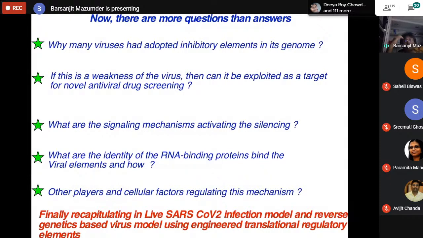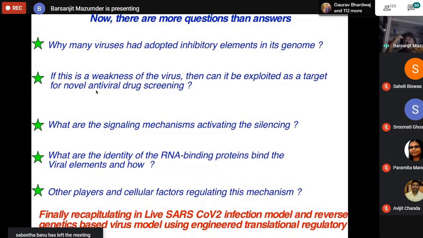If this is a weakness, there may be a reason. Maybe the virus doesn't want to replicate high, because high replication might kill the host cell immediately and compromise the growth of the virus. So the virus is always experiencing a selection pressure not to grow high.